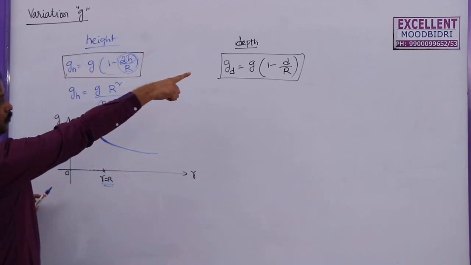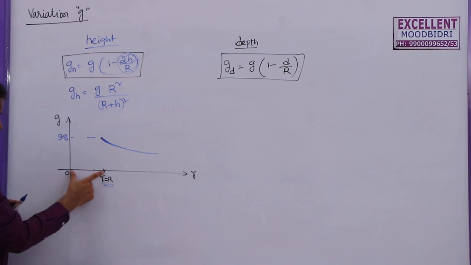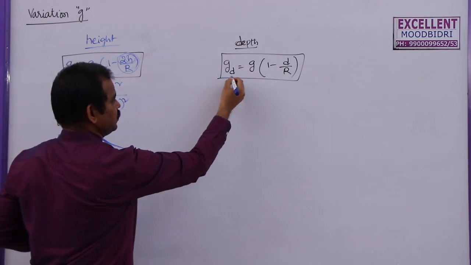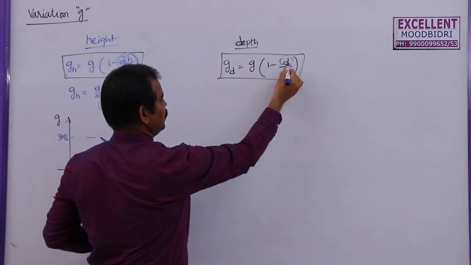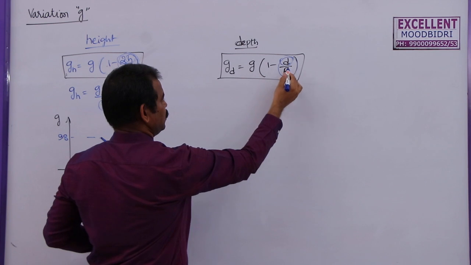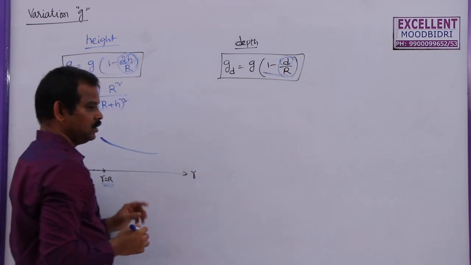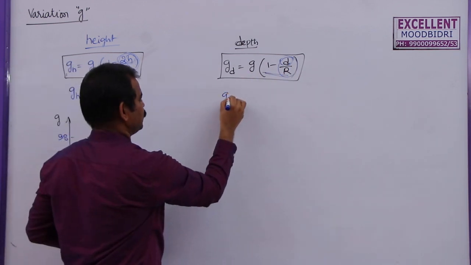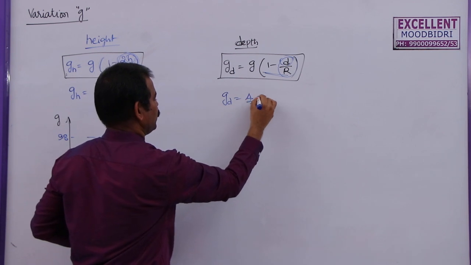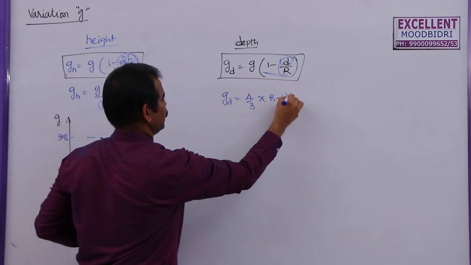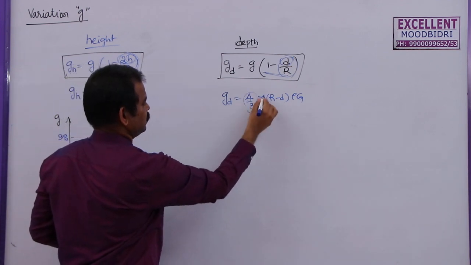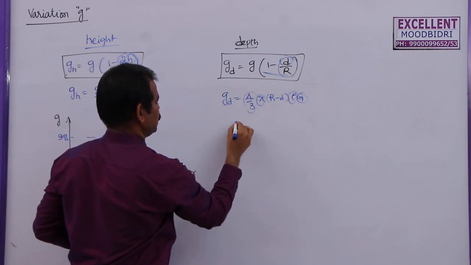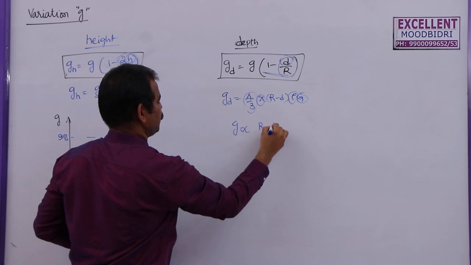Now if you take within the radius, that means from the center of earth to this point, we have the formula g_d is equal to g(1 minus d by R). Here this is gradually decreasing: if d increases, the subtracted term increases and g decreases. And we know one more formula, g_d is equal to 4 by 3 pi (R minus d) rho G. Here everything else is constant, so g_d is directly proportional to R minus d.